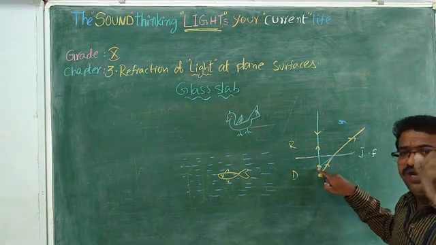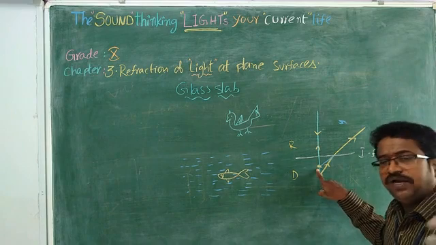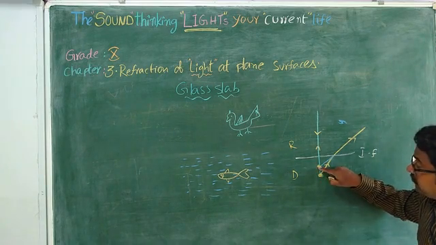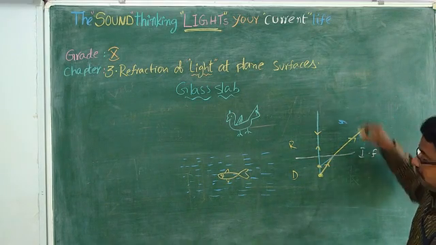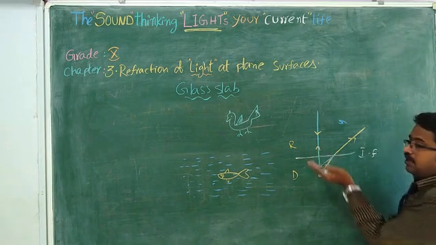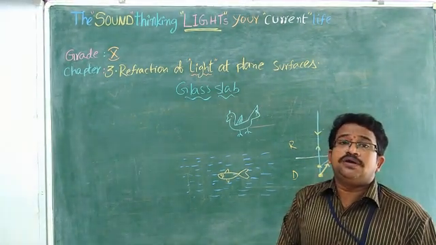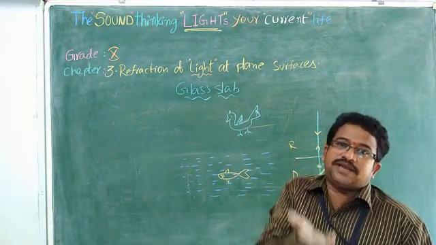Don't forget, where the reflected or refracted rays meet, that is the position of the image. If you are observing from the rarer medium, the object appears raised. That is the reason when you observe your friend in a swimming pool, he appears short, raised.